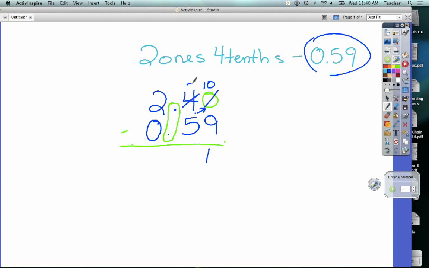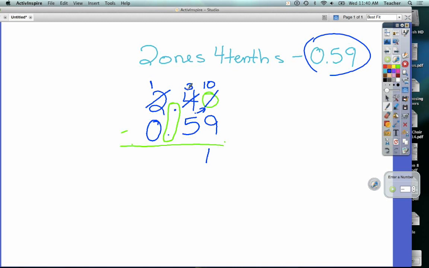10, right? So 10 minus 1, everybody? 1. Well, this 4 became a 3. What's 3 minus 5? Everybody, 3 minus 5, come on. What is it? Ooh, they got me. So what do I need to do? I can't do -2 right in the middle. You got to borrow from the next column over. My 2 becomes a 1.